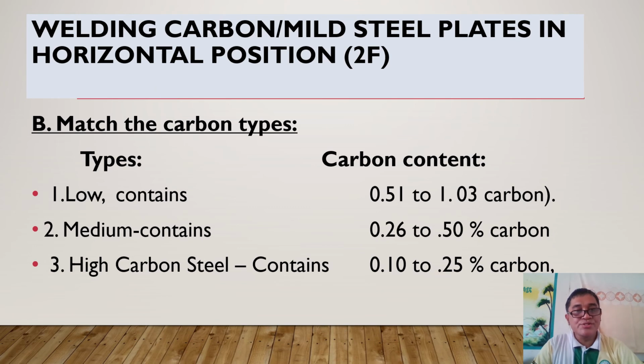Another thing is you're going to match the carbon types. You have the types and the carbon content. We're going to match the carbon content according to its type. So you have the low carbon, the medium, and the high carbon steel. You're going to match the contents suited for each type of carbon. Okay, do that.